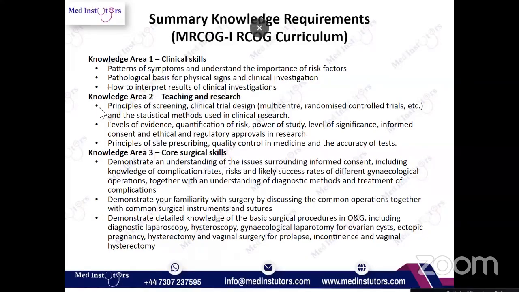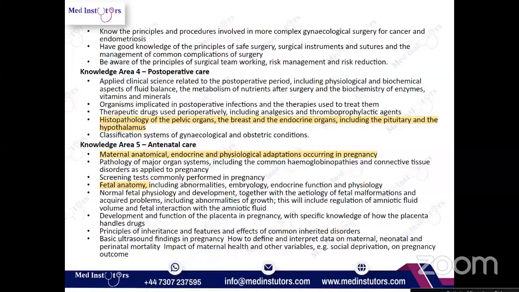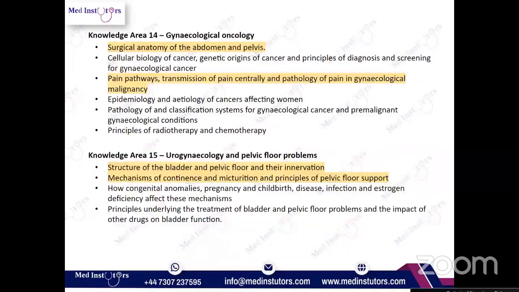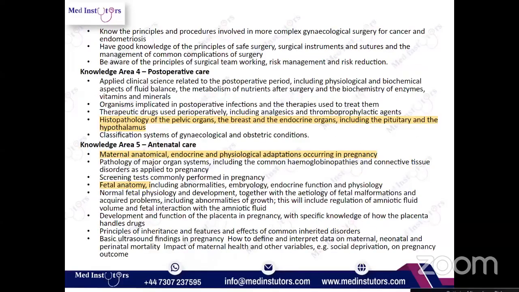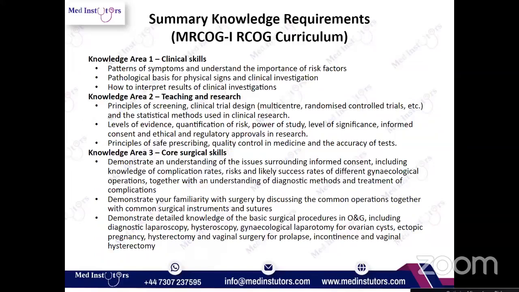So let's have a deep dive into the knowledge areas provided by the RCOG. They have divided it into a total of 15 knowledge areas, and I have highlighted only the topics relevant for anatomy. Knowledge area 1 is clinical skills.